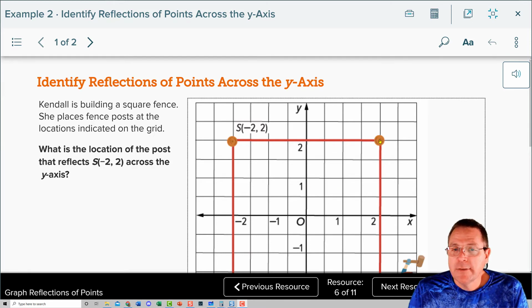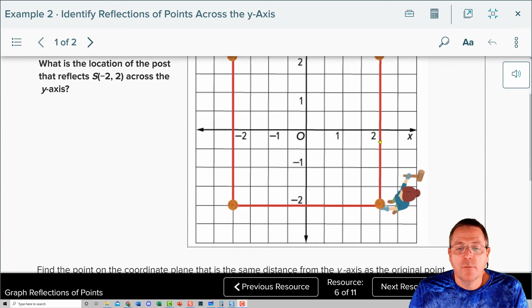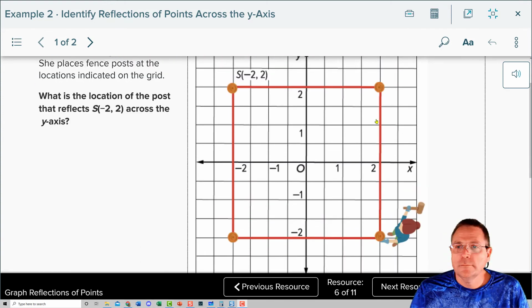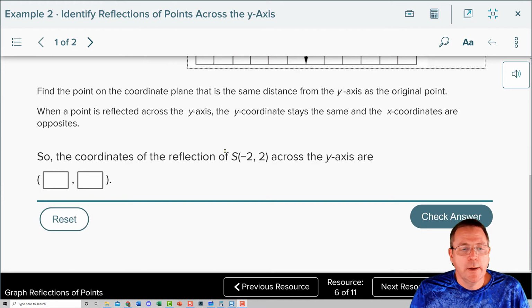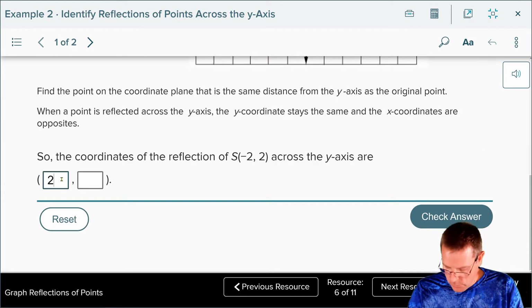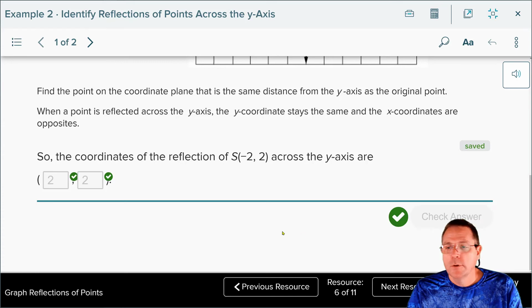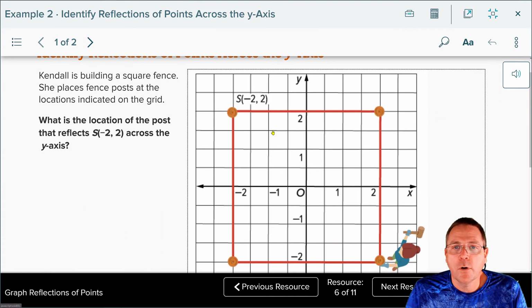So this post right here is going to be the one that is reflected across the y-axis. That point's value is where x is 2 and y is 2, so it's going to be the ordered pair (2, 2). The answer works.